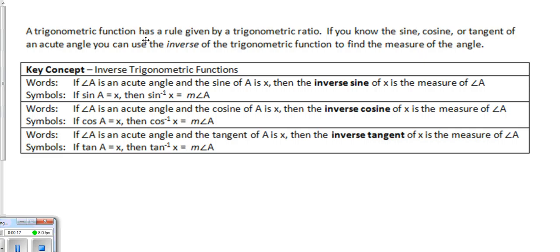A trigonometric function has a rule given by a trig ratio. If you know the sine, cosine, or tangent of an acute angle, you can use the inverse of the trig function to find the measure of that angle.